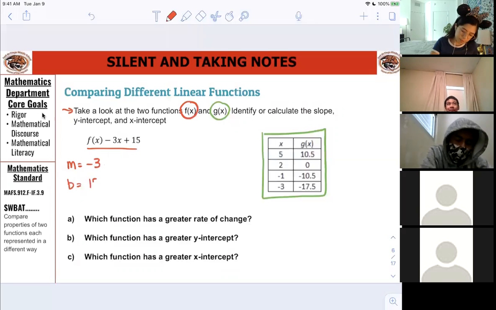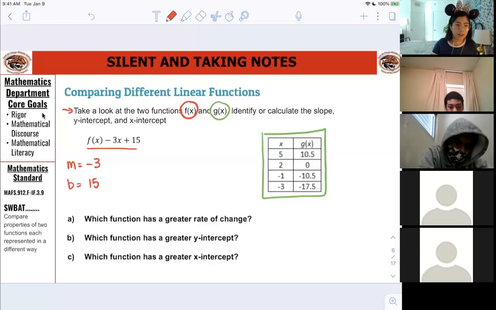I'm talking about the equation, not the graph. On this equation, the -3 is my slope and the 15 is my y-intercept. So I have two of the three things I need. The only thing left to figure out is the x-intercept.